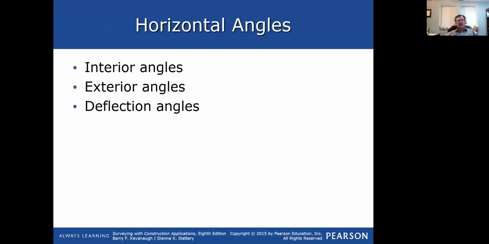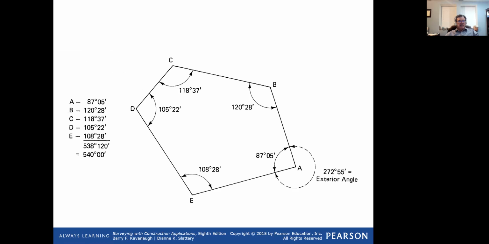So there's your basis of measuring angles. Horizontal angles basically have 3 different types of angles that you can measure. They're interior, exterior, or a deflection angle. This next slide will explain a little clearer what they all are. These angles right here are interior angles.